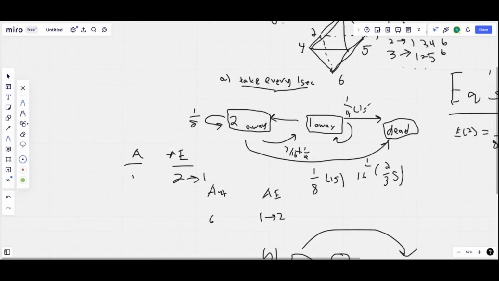Actually no, it's not 1/4. The reason is that I counted the probability that the ant goes to 2 and then back to 1, so that doesn't count. So there's only a 3/16 chance of dying in 1 second.